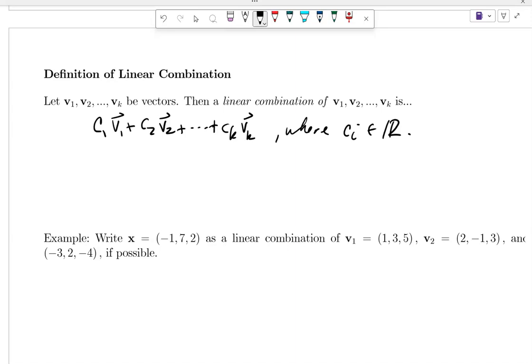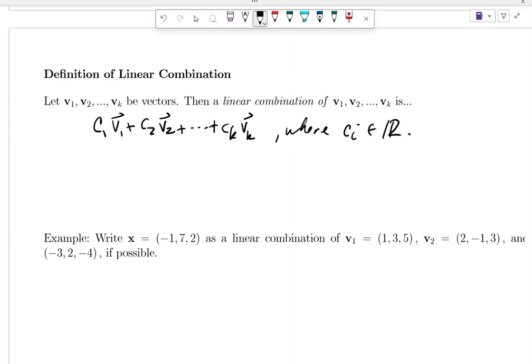It's possible that in other vector spaces, your constants may be coming from a different algebraic structure. One of the more common ones would be a field, would be the complex numbers. In general, your constants have to come from what we mean by a field, an algebraic structure referred to as a field. It sounds weird, but field just means that we can add, subtract, multiply, and divide, as long as you're not dividing by 0.